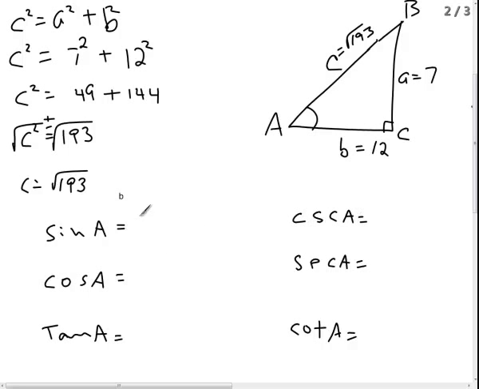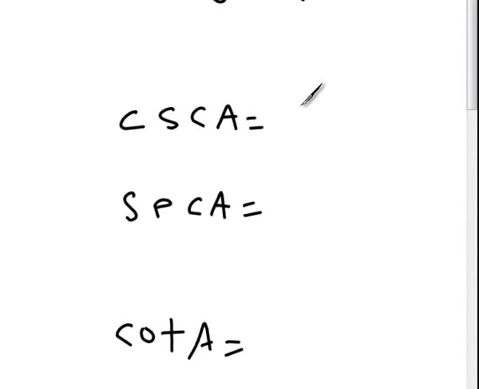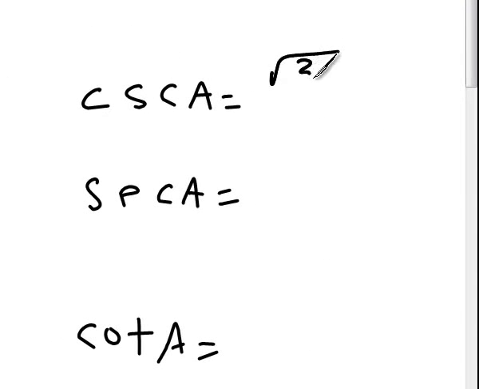Basically, if we started with 7 over square root of 193, then that means cosecant would have to be what, Harley? Square root of 193 over 7. Right. Square root of 193 over 7.